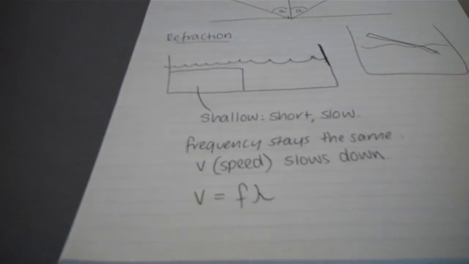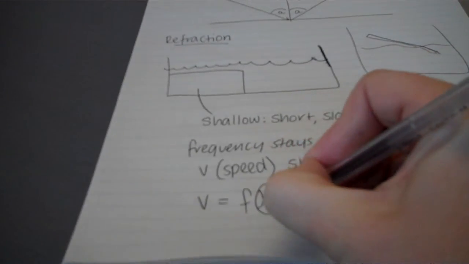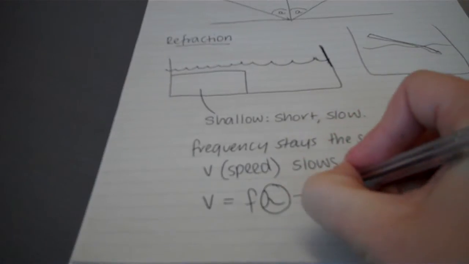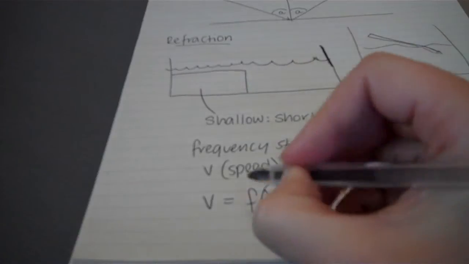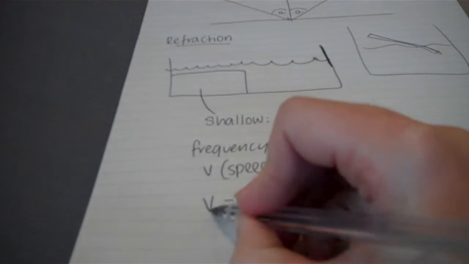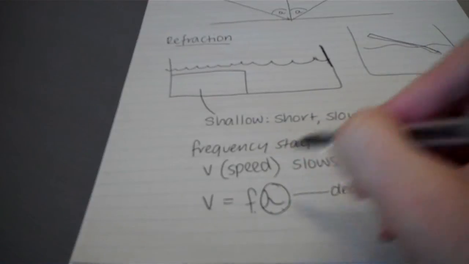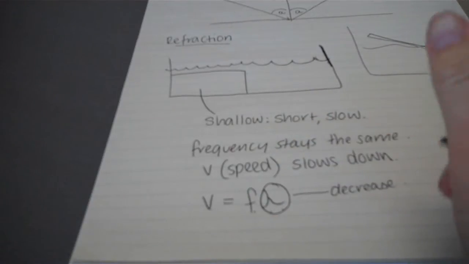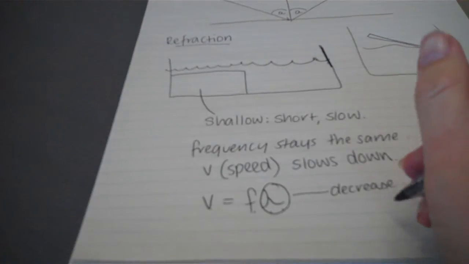Have a think about it. Obviously, this must also decrease, because this is staying the same and this is getting less, so this one must decrease as well. Otherwise the formula wouldn't work. So you have to remember that one.